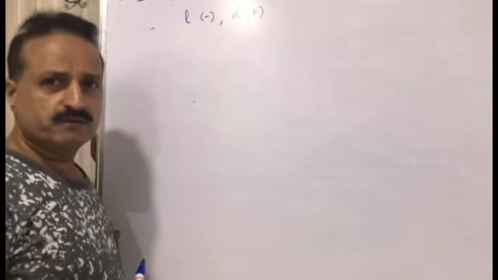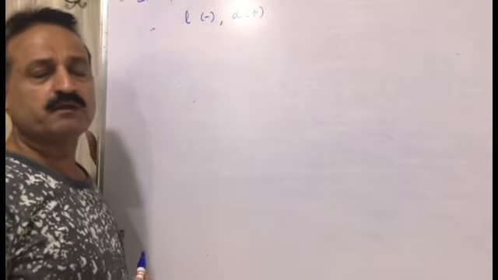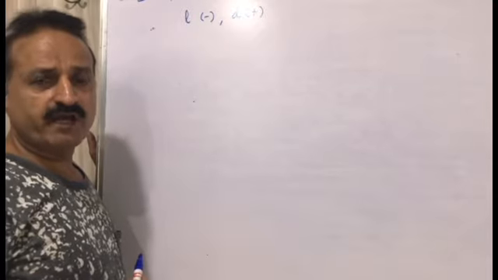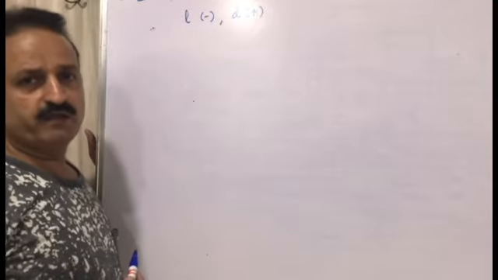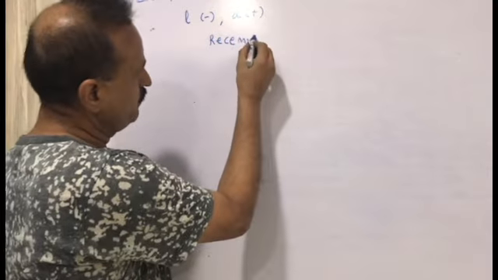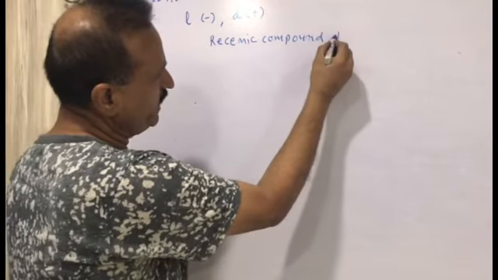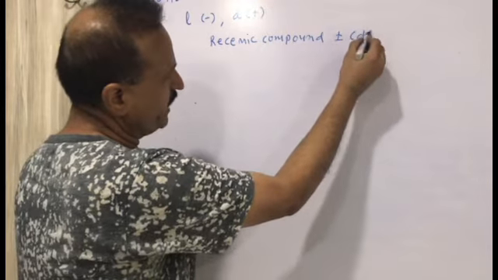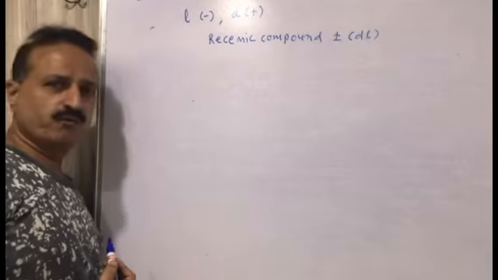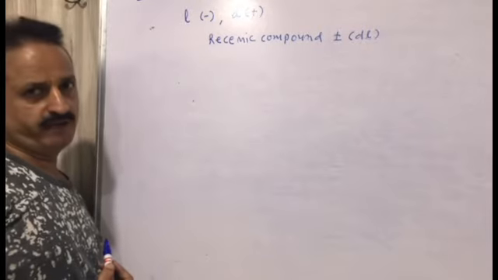If the light rotates both sides, it is said to be a racemic compound, with the sign plus-minus or dl, and it has the property of chirality.